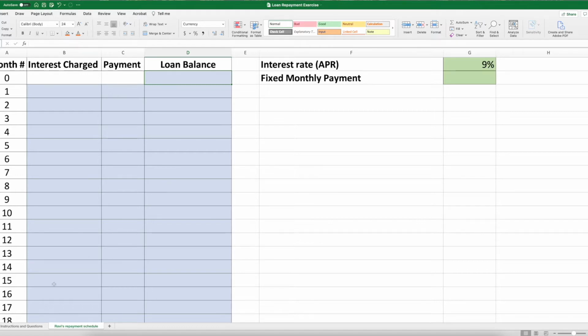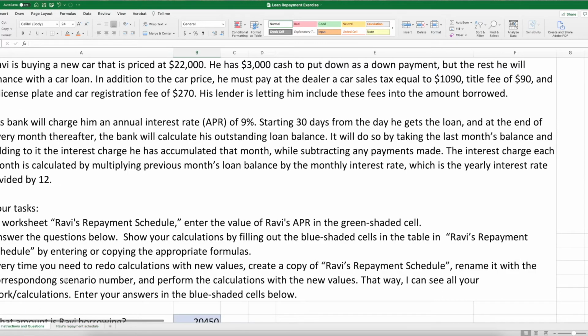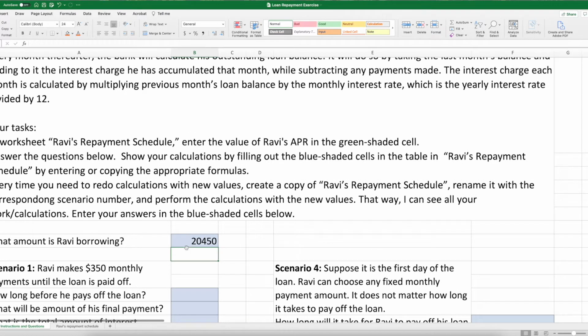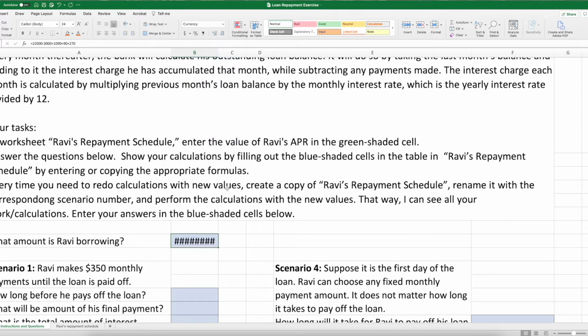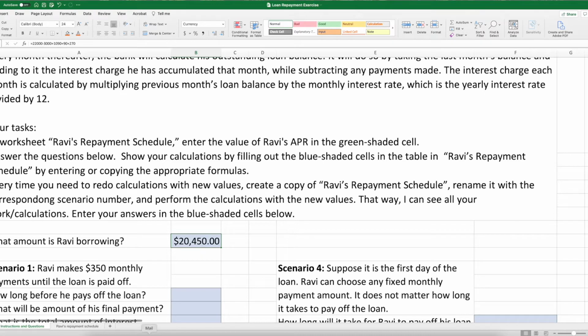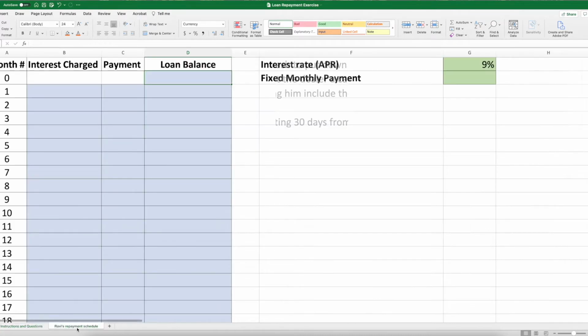So the loan balance will be simply the amount that he borrowed, which we calculated as $20,450. Let's make this a currency format. Okay, and let's expand it to include that 20,450. So 20,450, that's the amount he's borrowing.